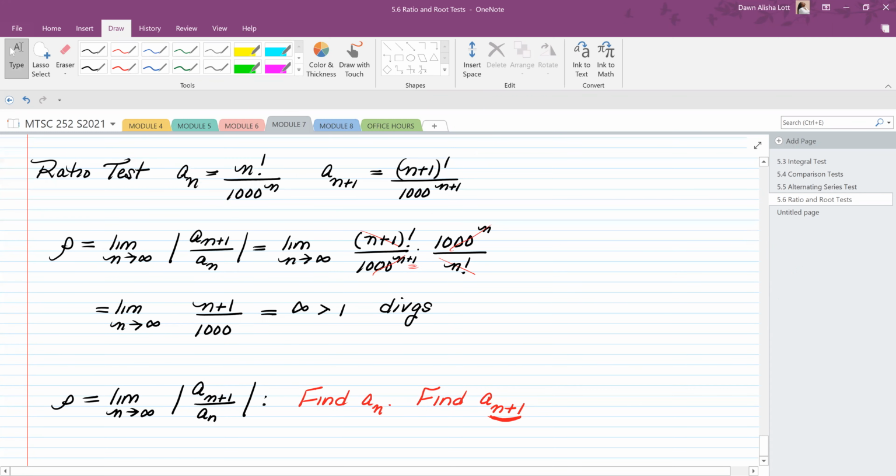So this first thing is a_(n+1), and then I divide it by a_n. Okay, any questions?